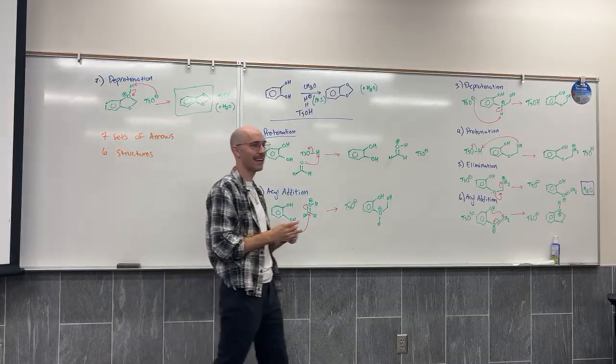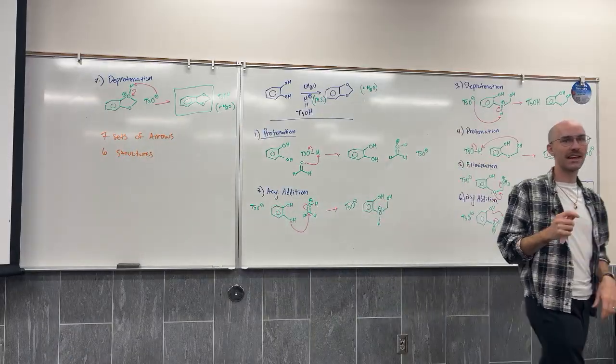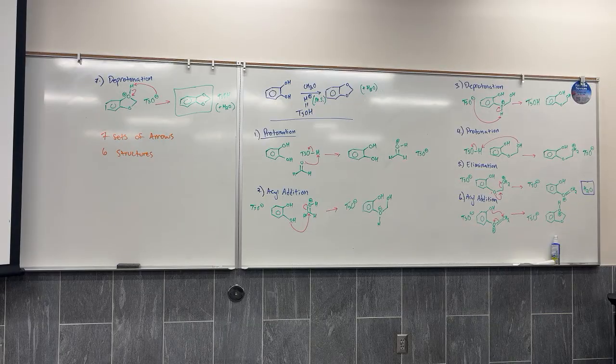So there's not an equivalence between the arrows that you're doing and the structures that you're predicting. And this is where I run into that problem: if I say it's out of 7 points, or even out of 14 points, 2 points per step, it's easy to say 1 point per structure, 1 point per set of arrows, but actually there's a structure missing. So that would mean every single mechanism I grade, you get a freebie.